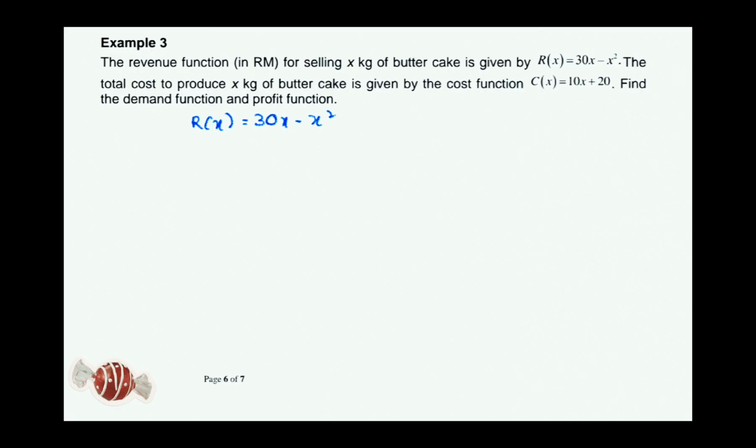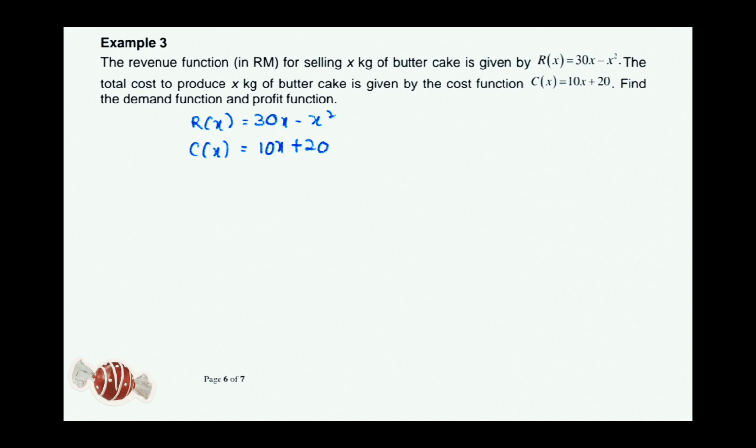The total cost to produce X kilogram of butter cake is given by the cost function C of X equal to 10X plus 20. Find the demand function and the profit function.